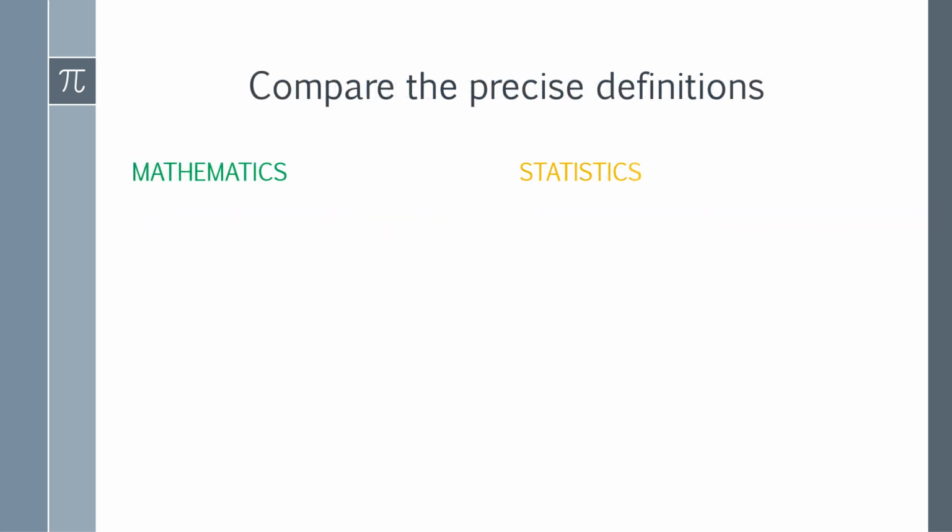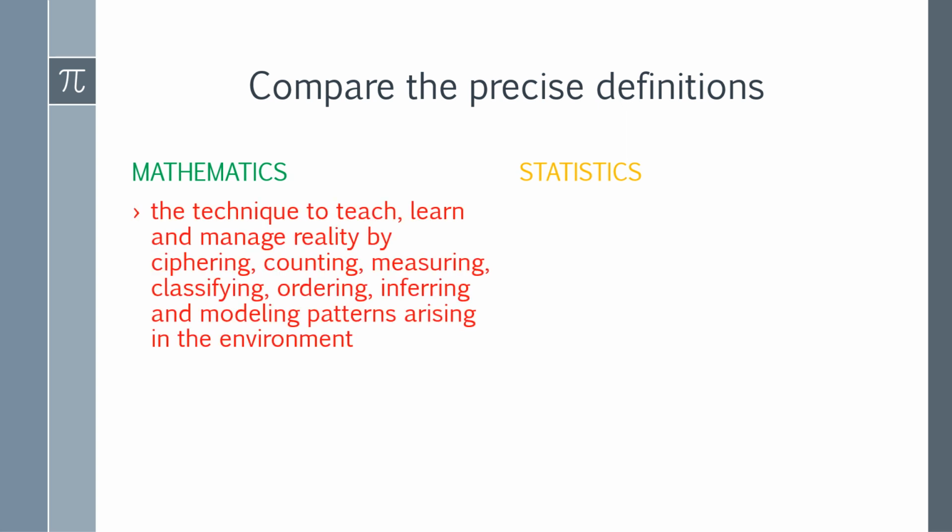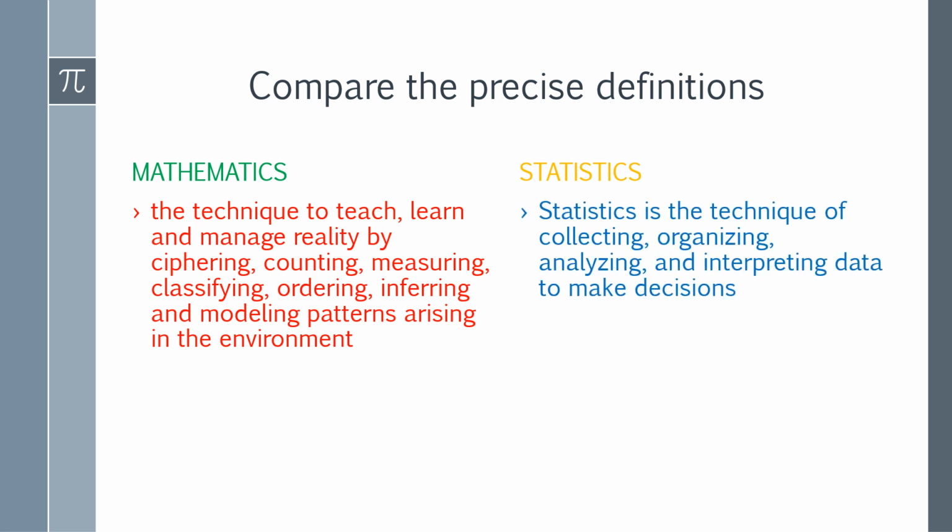All right. By now, y'all should be familiar with the precise definition of mathematics. It is the technique to teach, learn, and manage reality by ciphering, counting, measuring, classifying, ordering, inferring, and modeling patterns arising in the environment. That's the precise definition of mathematics. You must know this because you have seen this since day one. So this 4 9 weeks, you gotta have it down to a science, have it to perfection. All right, let's look at the statistics definition.